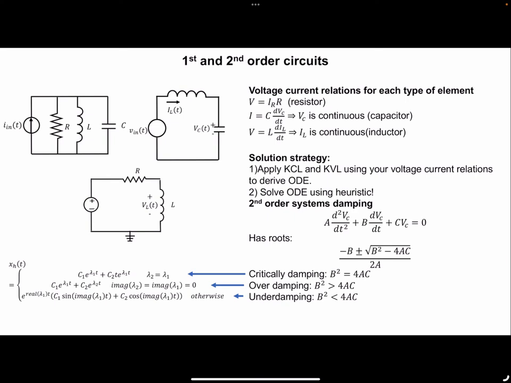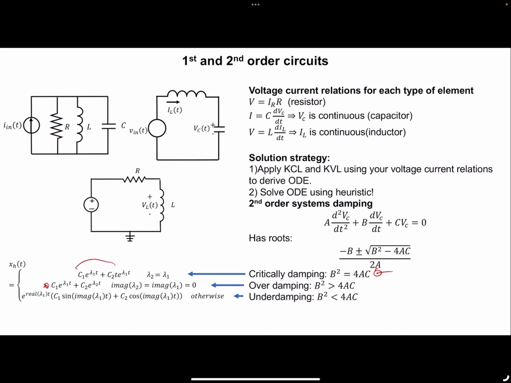Okay. It's important that you know how to analyze these circuits. You should also know what critically damped means. So when your solution looks like this, it's critically damped. Sorry, when your roots are completely real, it's called overdamped, and then underdamped is when they're complex, and then undamped whenever they're purely imaginary.